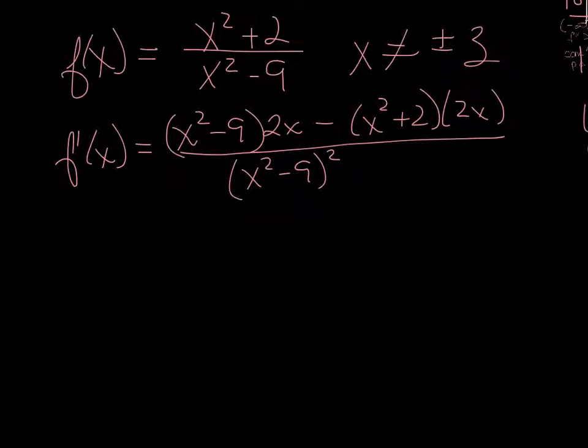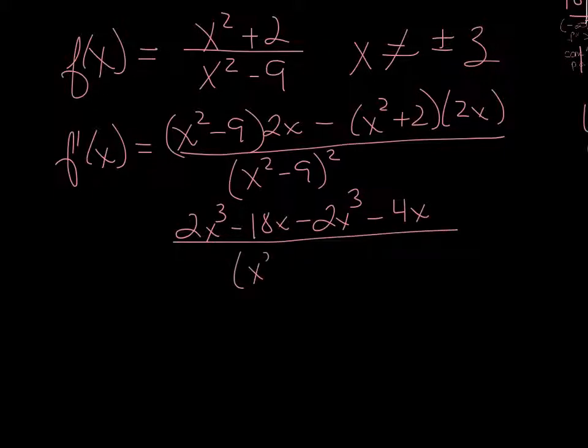Here you can just multiply everything out if you want to. 2x cubed minus 18x, rather than factoring out a common factor, that's not that helpful. Minus 2x cubed minus 4x over x squared minus 9 squared. So this really works out pretty easy. And we get negative 22x over x squared minus 9 squared.